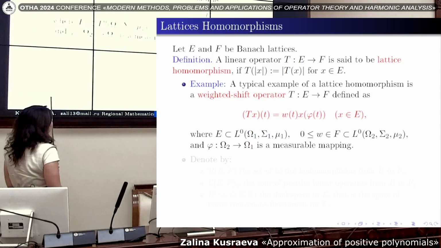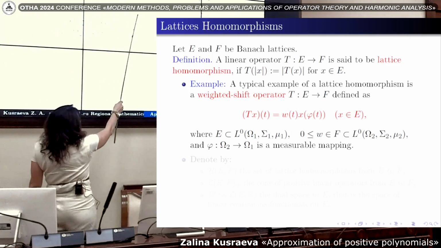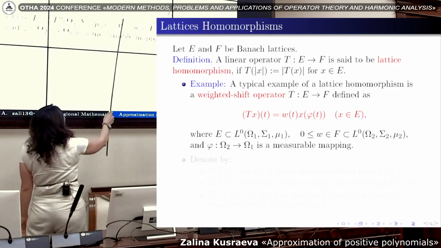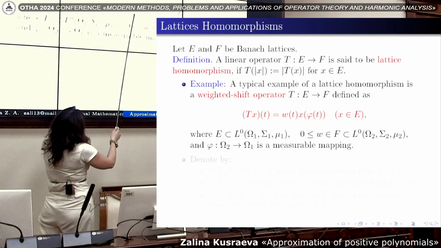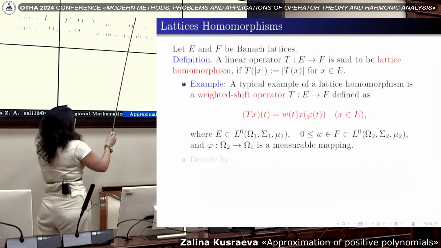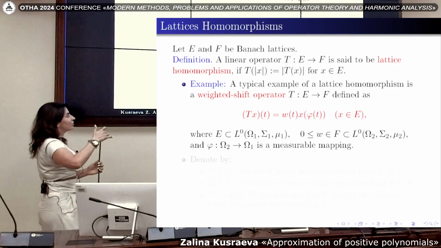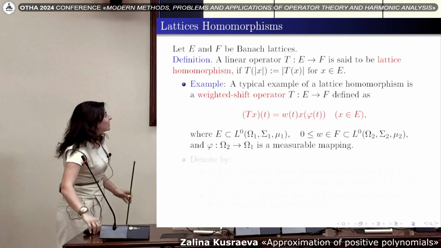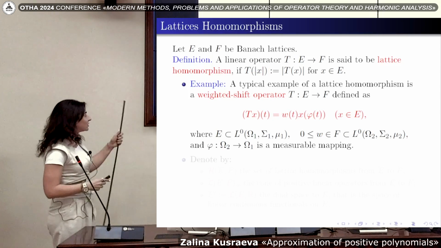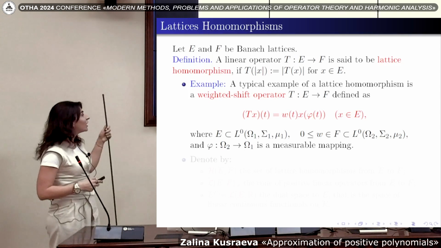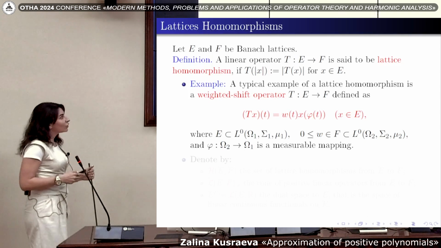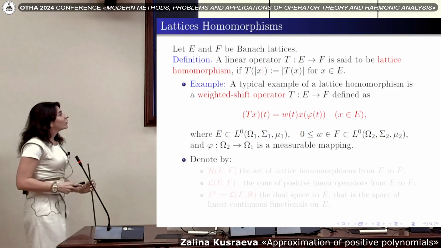Here, a weight is a positive measurable function W, and here you can see the shift operation. This means that a change of variables is made. Such a form of operator, called a weighted shift operator, is a typical lattice homomorphism.